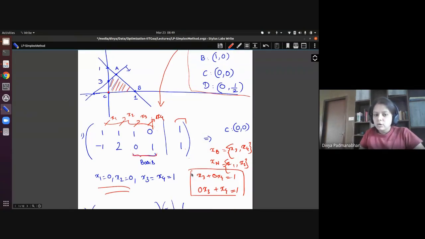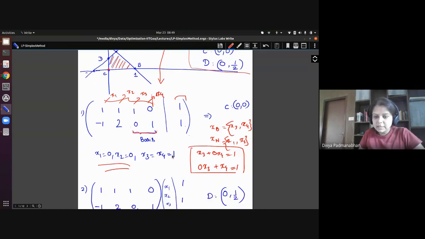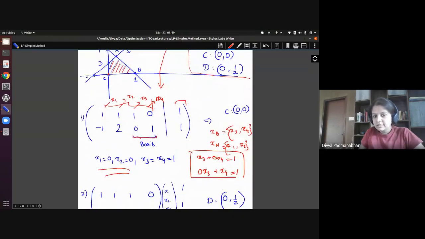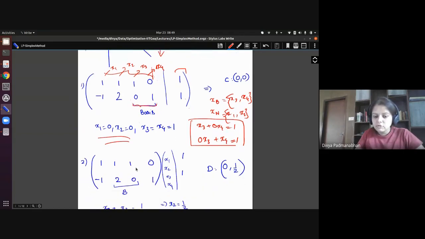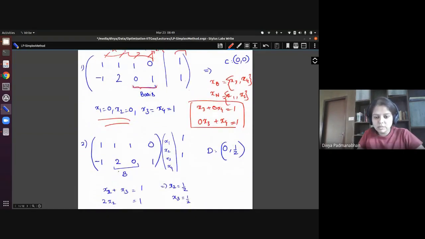Now if you look at, say, the point D, this is an adjacent vertex. The adjacent vertices to C are B and D. If you look at the corresponding basic feasible solution, it corresponds to these two columns.